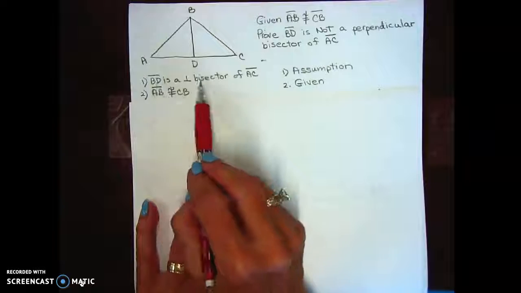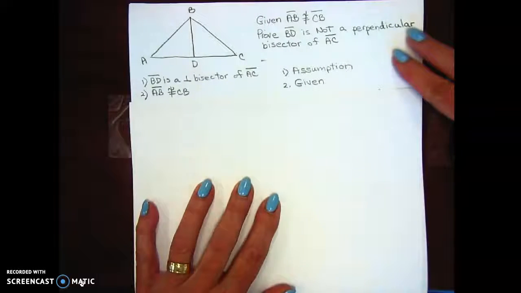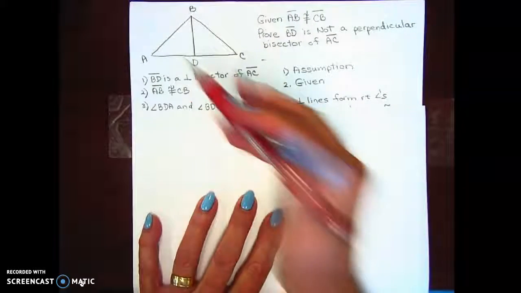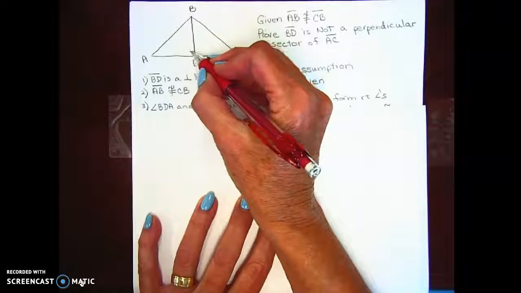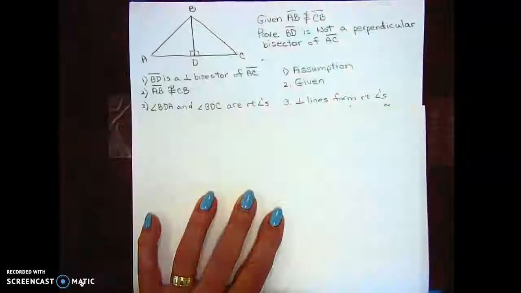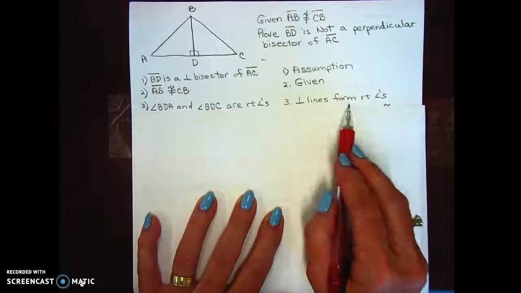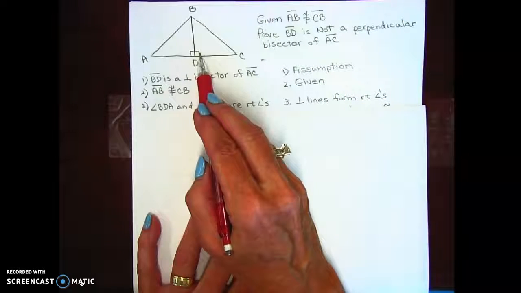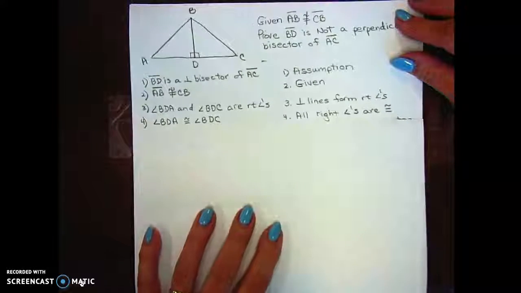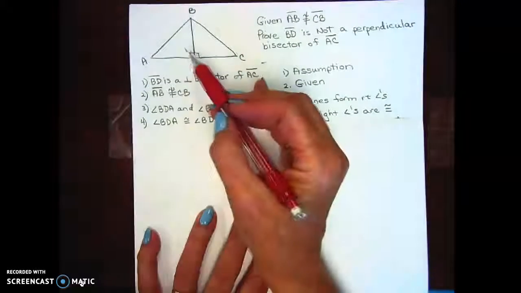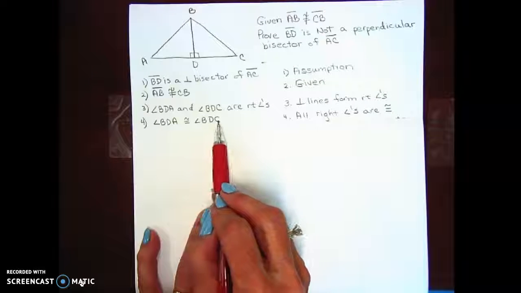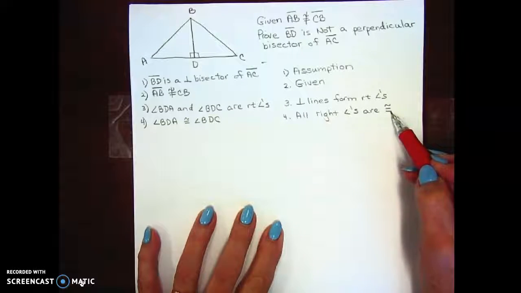So if BD is a perpendicular bisector of AC, then I know angle BDA and angle BDC are right angles, and that's because perpendicular lines form right angles. And if these are both right angles, it follows that angle BDA is congruent to angle BCD because all right angles are congruent.